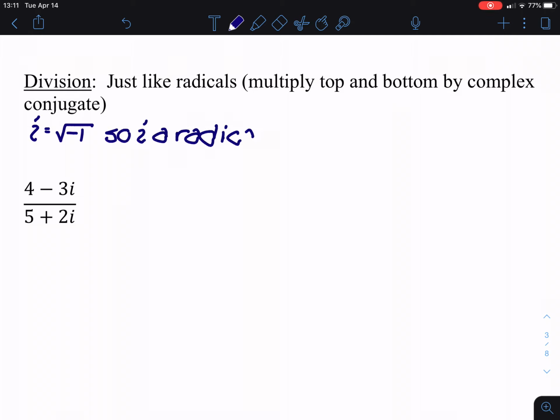And if you remember from simplifying radicals in the previous set of lessons, we cannot have a radical in the denominator. So i cannot be in the denominator.